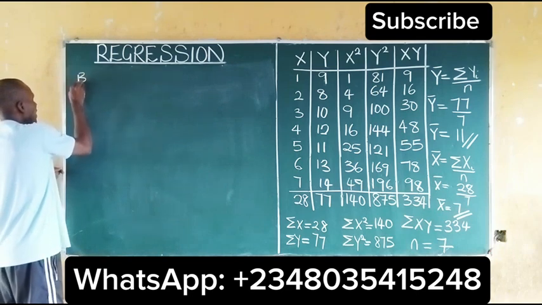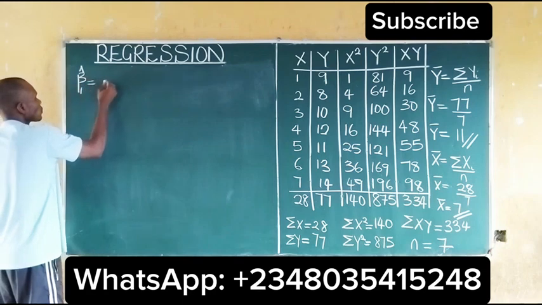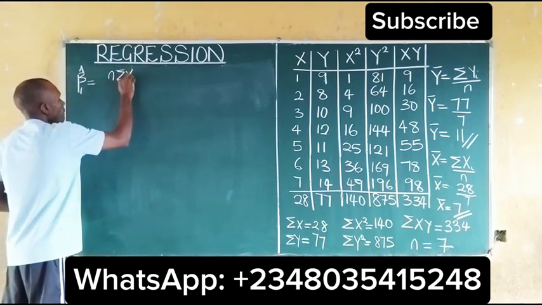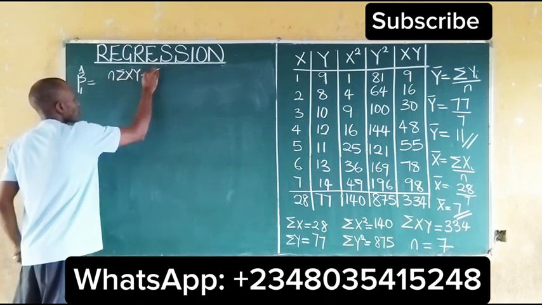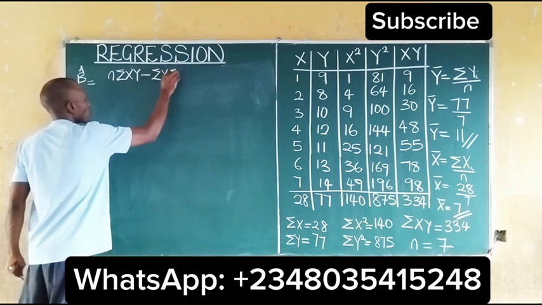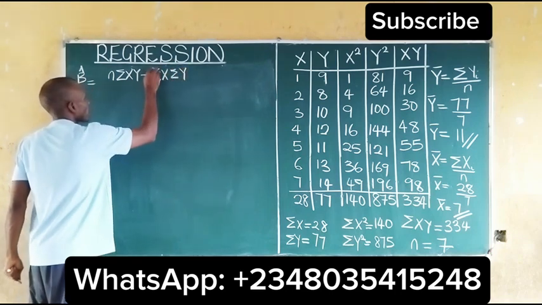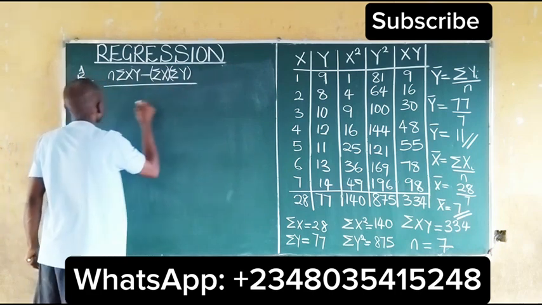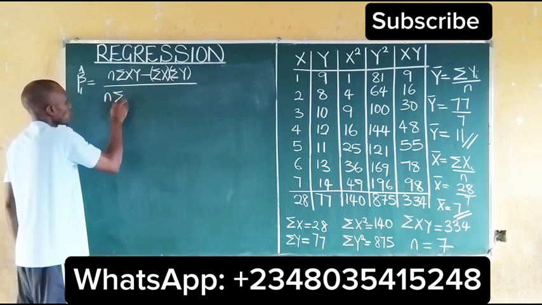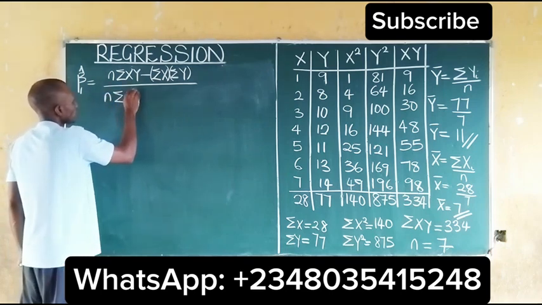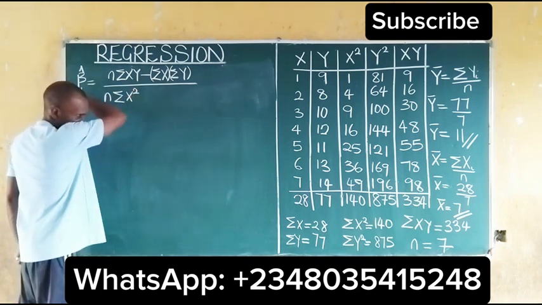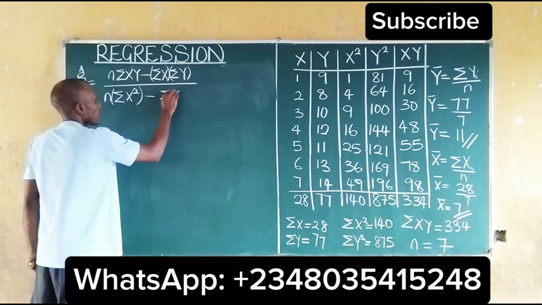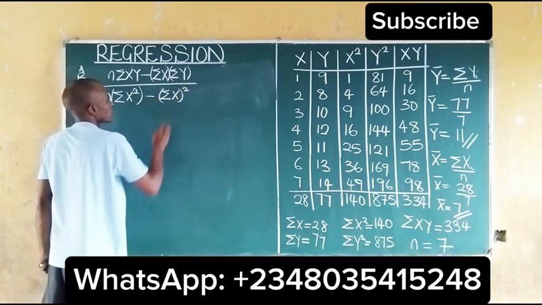We said our B1 estimate is equal to n summation of xy minus summation of x summation of y, all over n summation of x squared minus summation of x all squared.